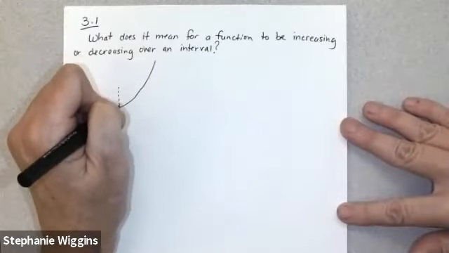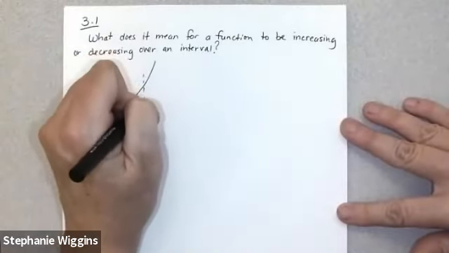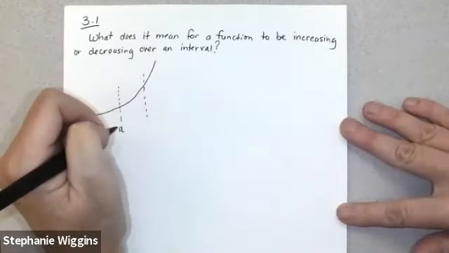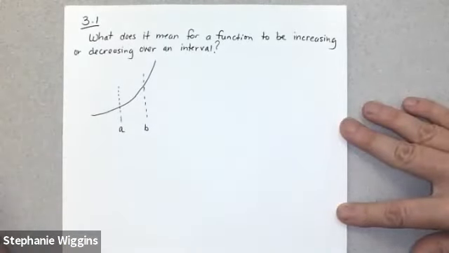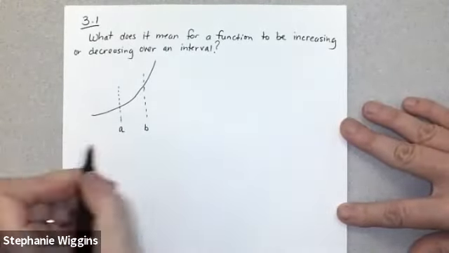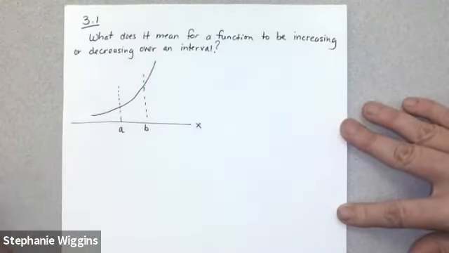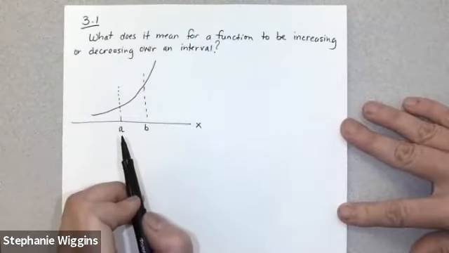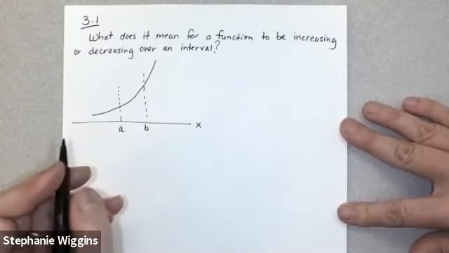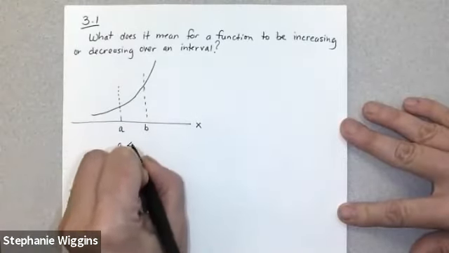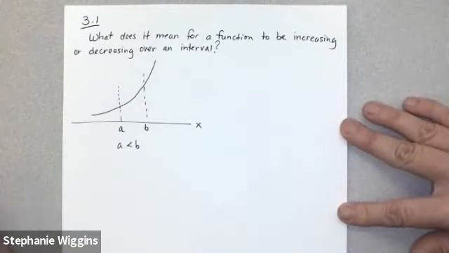So if I'm talking about horizontally now, I've got a value here, A and B. And so I can say by the position on the x-axis that A is less than B, okay? I can see that, right? Because A is to the left of B on the x-axis.